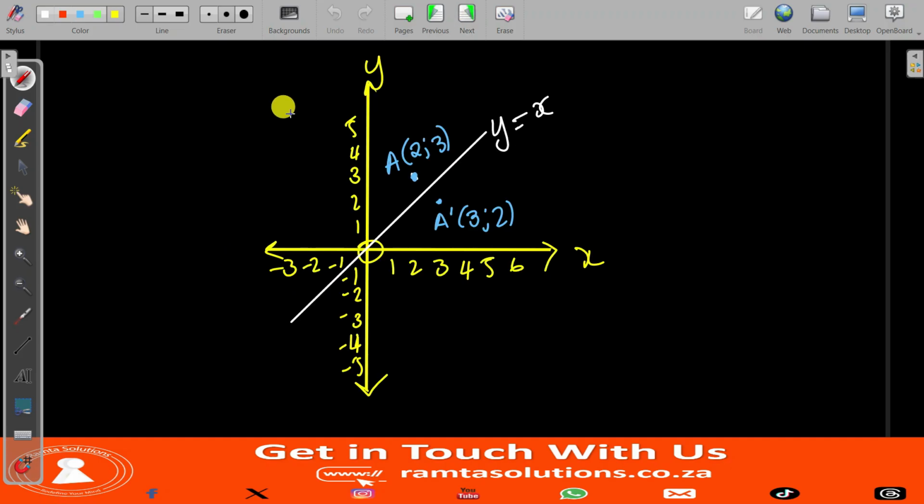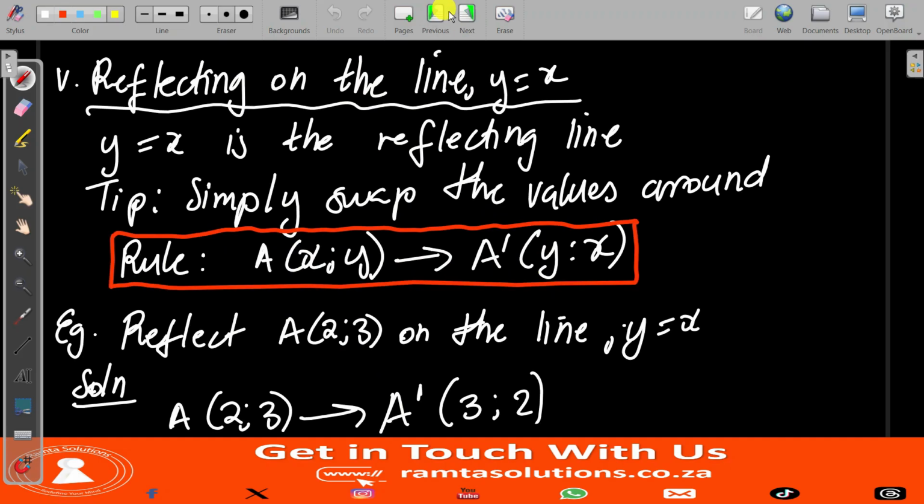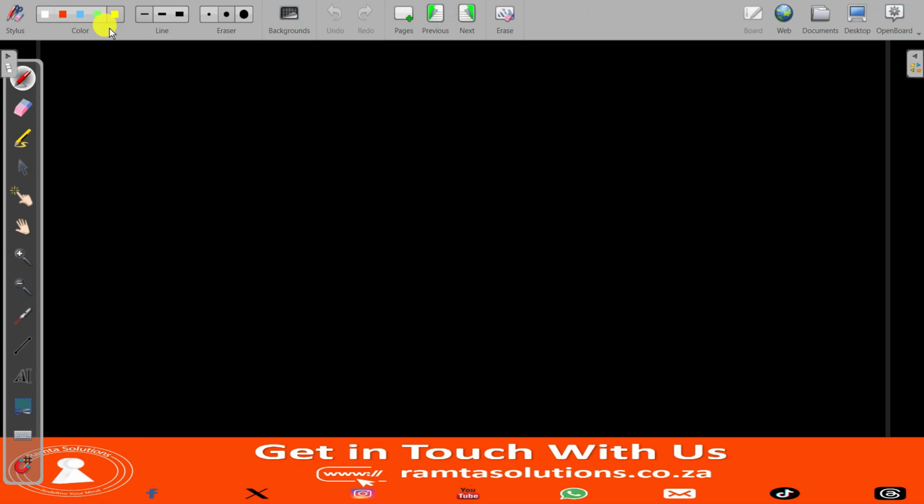Now, let's go to the next one. The sixth technique is reflecting on the line y equals negative x.